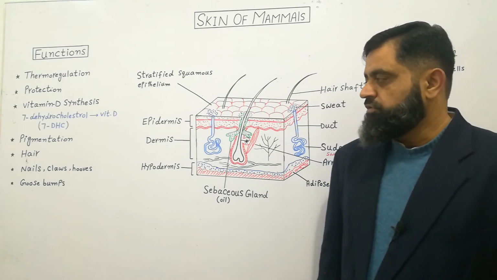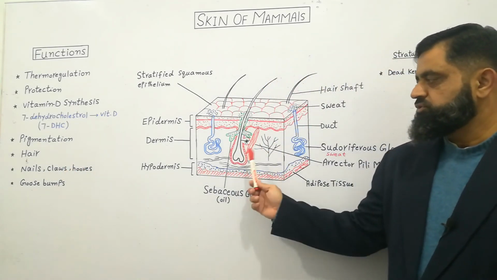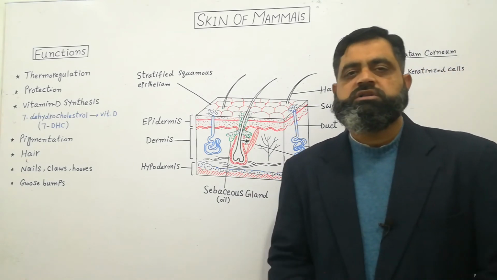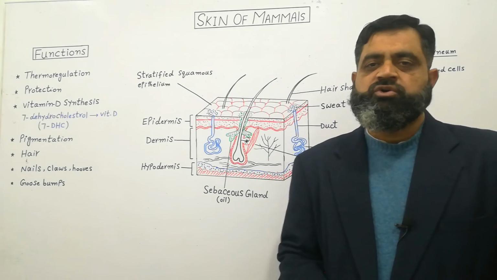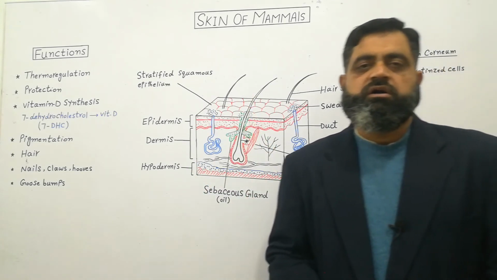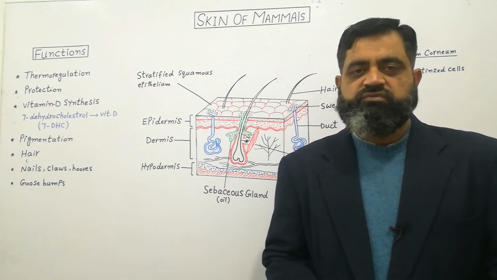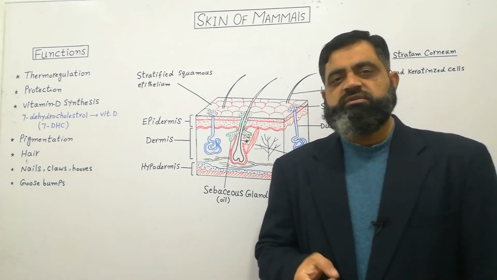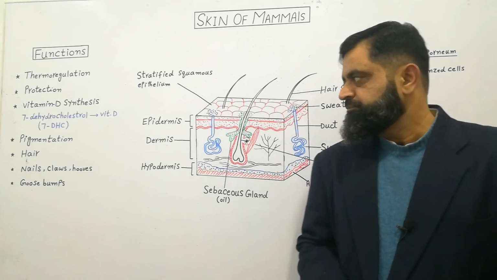The other function of skin is to produce hair. As you know, the skin also contains hair follicles. Hair follicles get the protein keratin and store it in the follicles, which grow hairs. Hairs are protective and insulate our body. They are part of the exoskeleton of different mammals. Some mammals have more hair, while others, like humans, have very few hairs on their body.